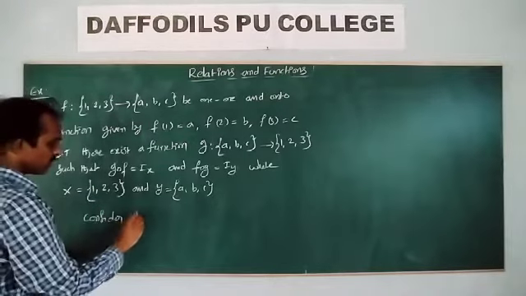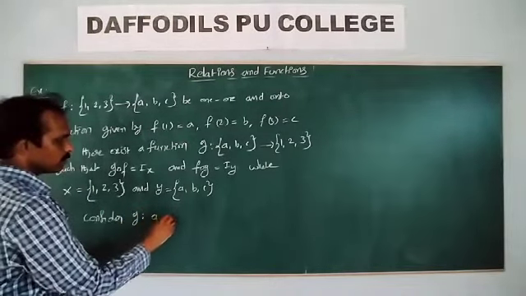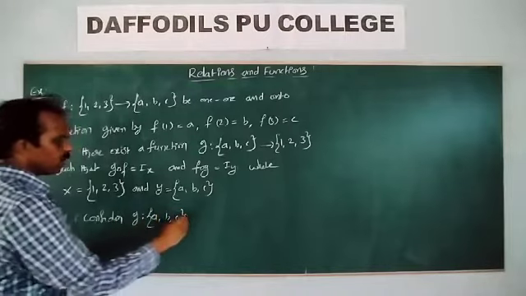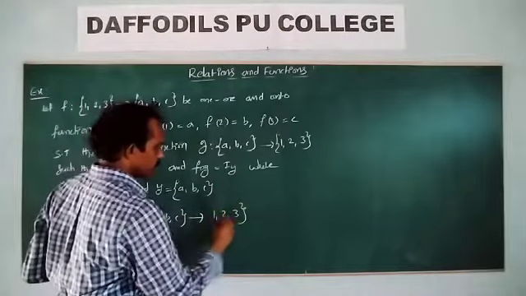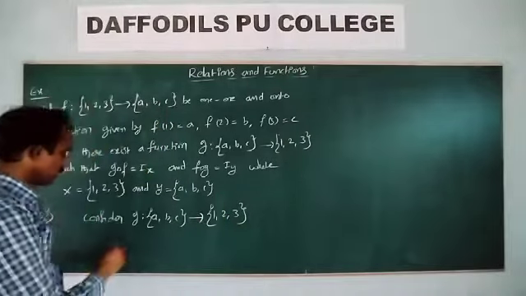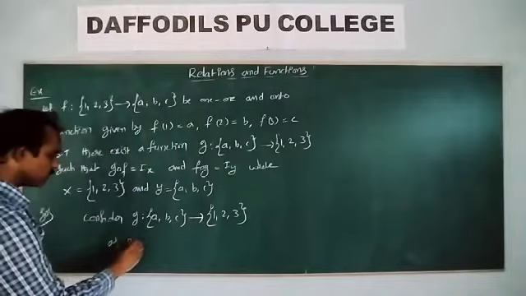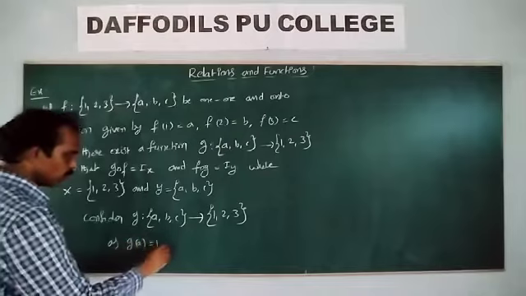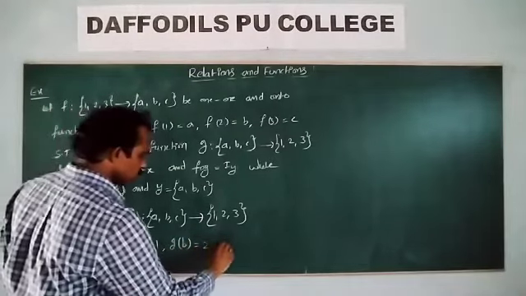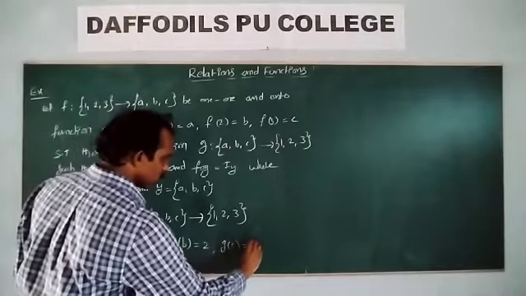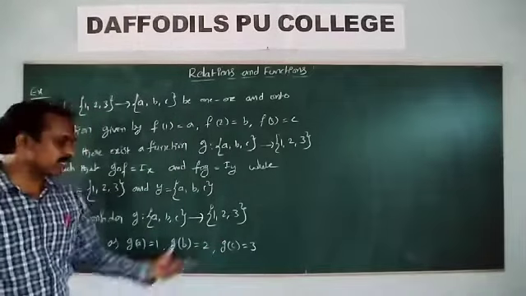Take this function, consider g maps {A, B, C} to {1, 2, 3} as g of A is equal to 1, g of B is equal to 2, g of C is equal to 3. Take like that.